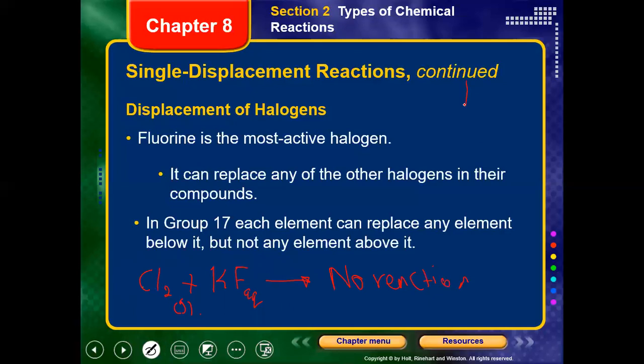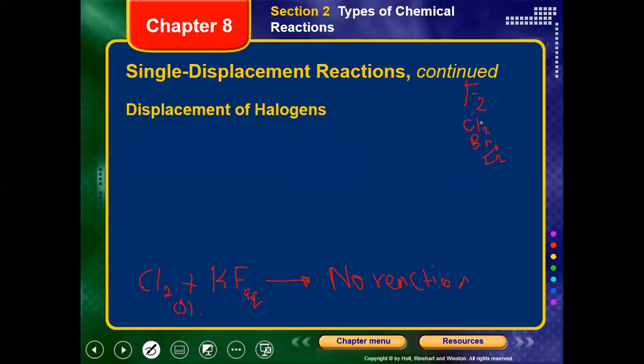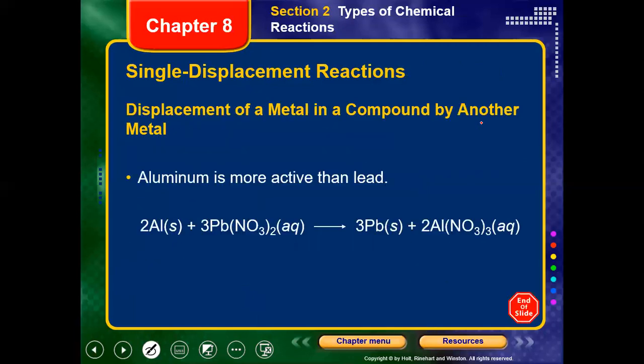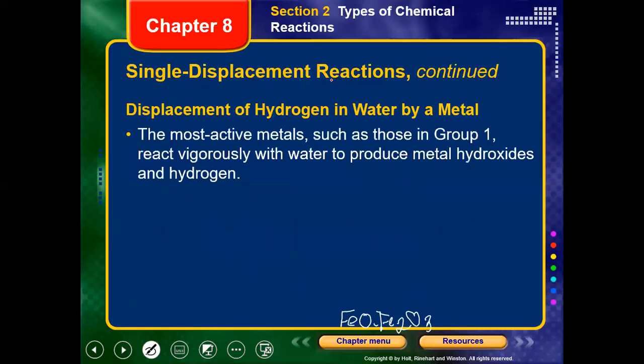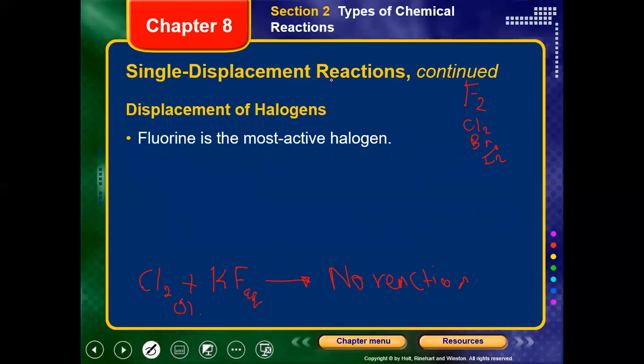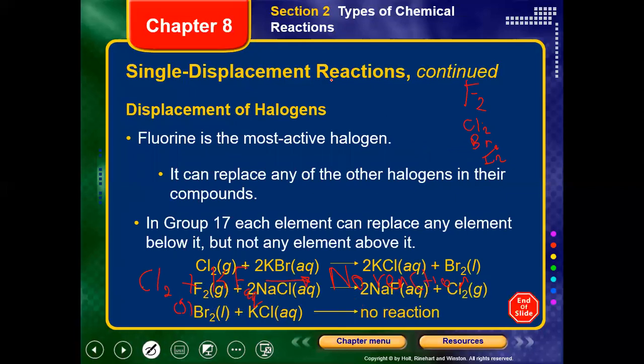Because as per the reactivity series, chlorine comes after fluorine. So chlorine is less active than fluorine. If you look again at the reactivity series, chlorine is less active than fluorine. So there is no reaction in this example, okay?